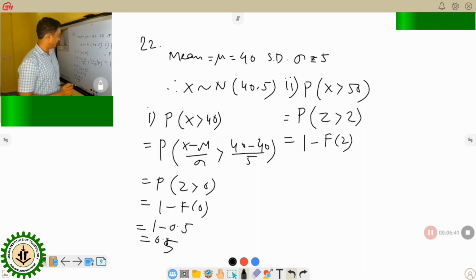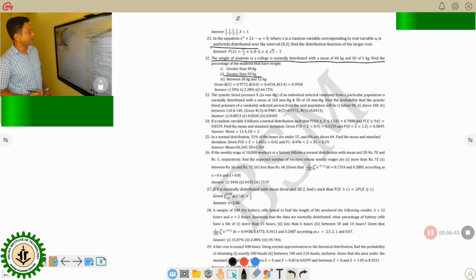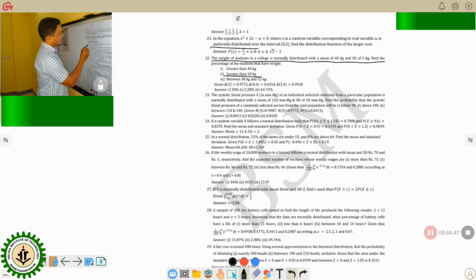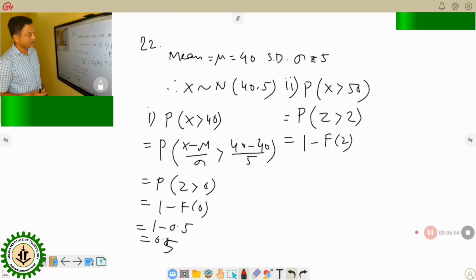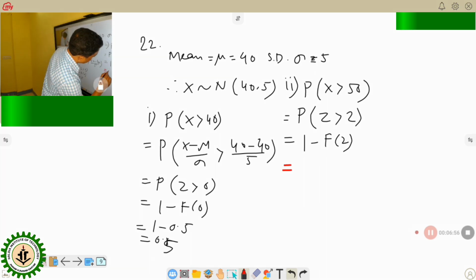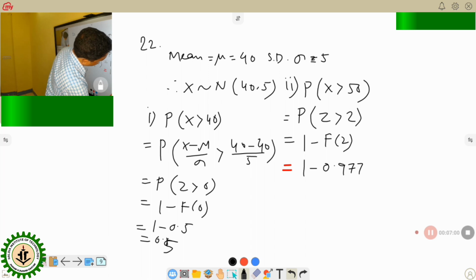Now you need to find the value, whether it is given or not. Phi of 2 equals 0.9772. So it is equal to 1 minus 0.9772.